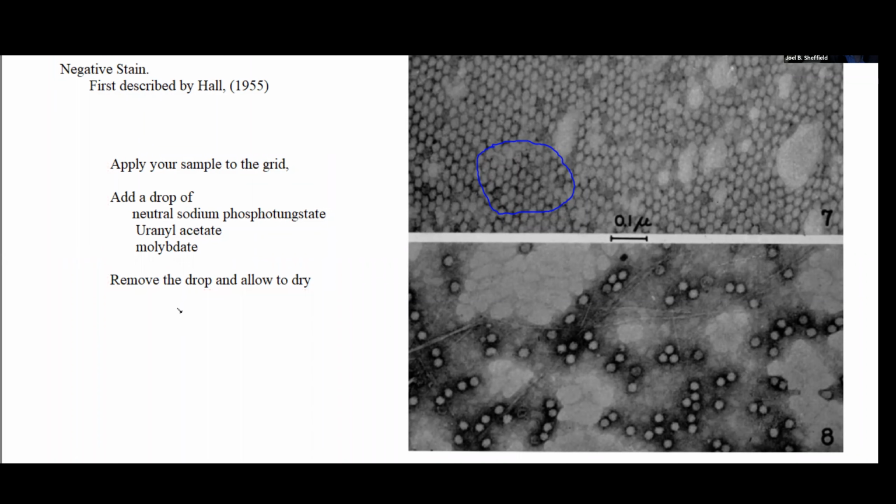So now let me see if I can draw with my extraordinary artistic skill. Here's the surface on top of the grid. Okay. This will be a virus particle of some sort. And this will be the phosphotungstate.